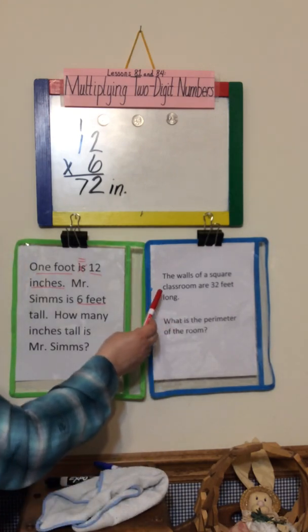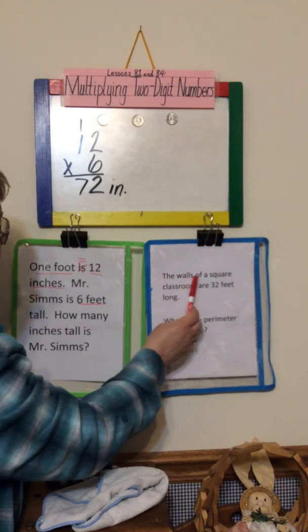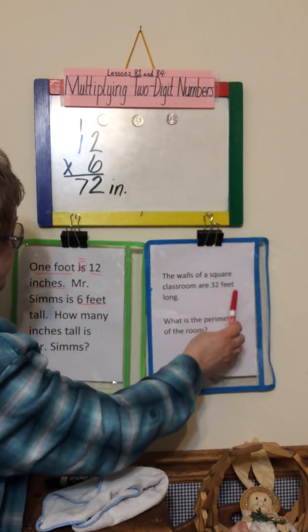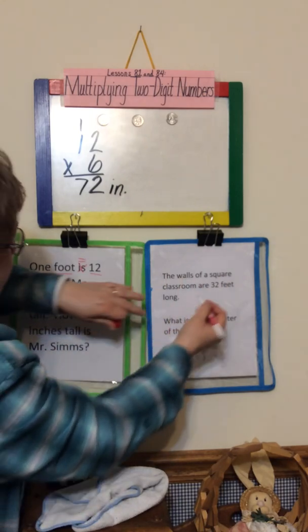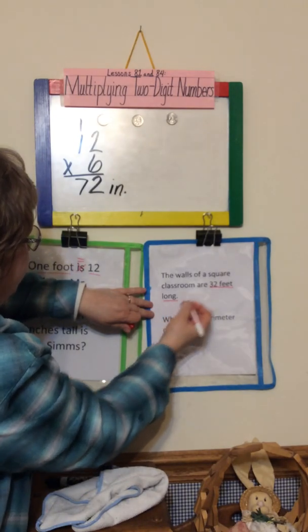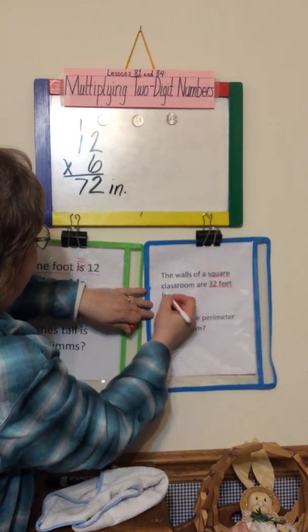Our next word problem says, the walls of a square classroom are 32 feet long. So each wall is 32 feet long. And it says of a square classroom.